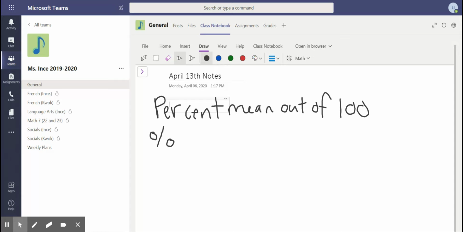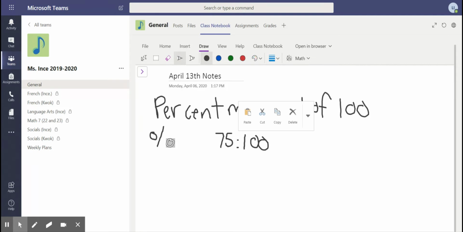Percent is also a ratio that compares a number or an amount to 100. So it can be written with a colon in the middle. For example, say you got 75 out of 100. As a ratio, it could be written like this, 75 to 100.